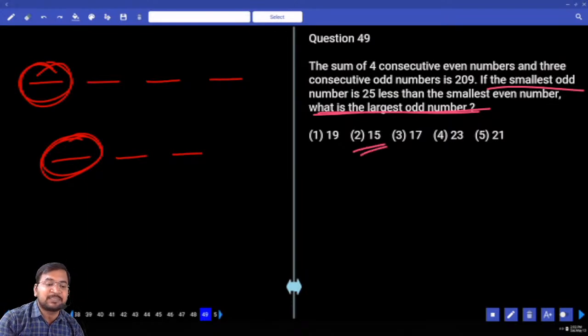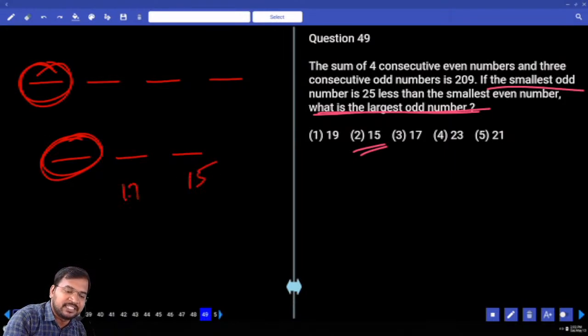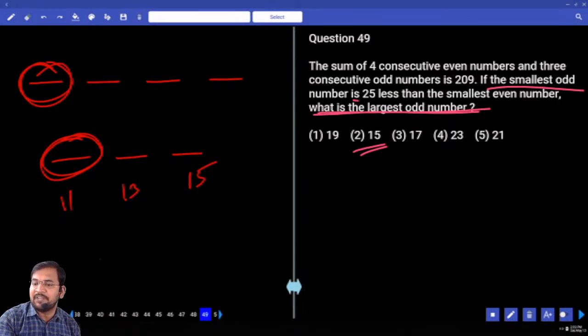That 15 is not the smallest odd number, that 15 is the largest odd number. If I take the largest odd number as 15, then the smallest is 11. This 11 is 25 less than the smallest even number, therefore the smallest even number is 36. Are you clear?